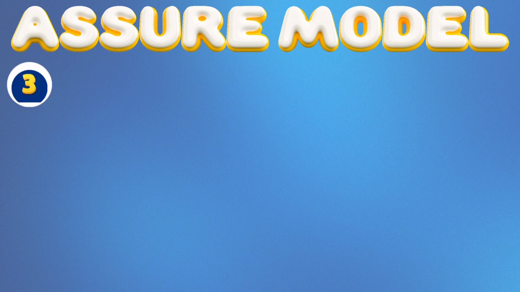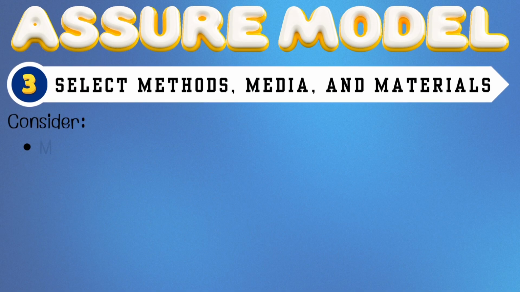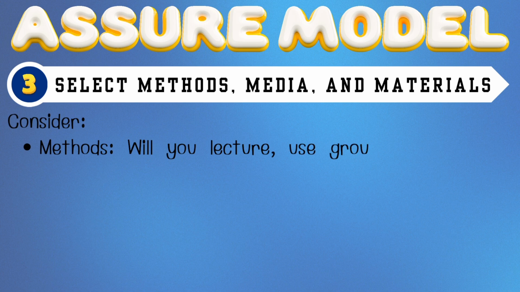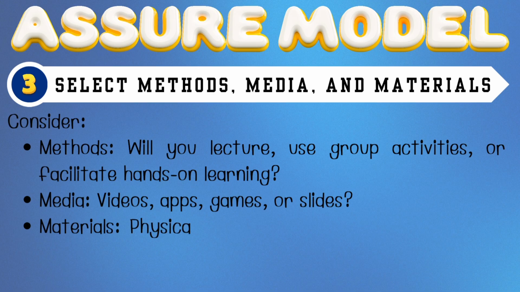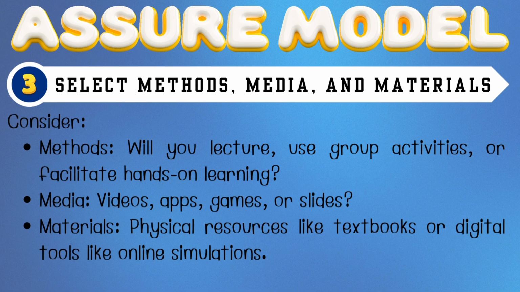With objectives in place, it's time to choose the methods, media, and materials that bring the lessons to life. In selecting methods, media, and materials, consider the following. For methods, will you lecture, use group activities, or facilitate hands-on learning? For media, will you use videos, apps, games, or slides?